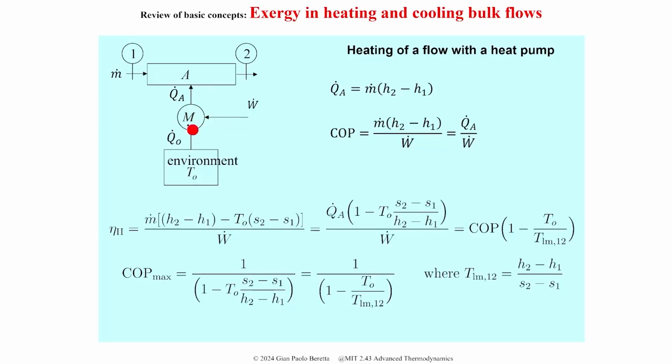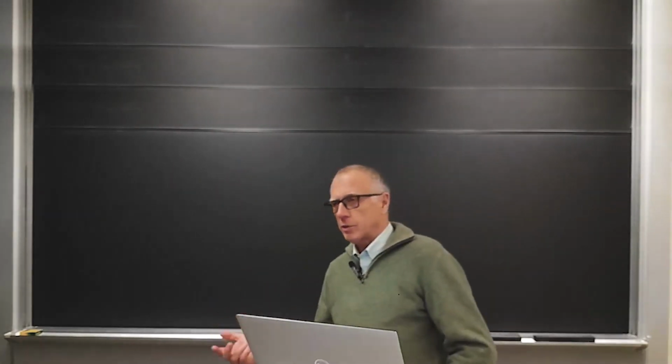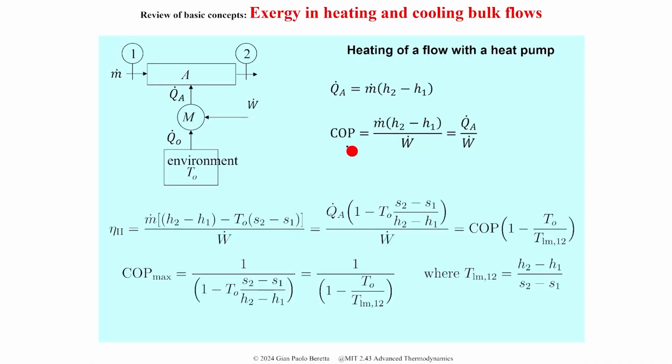The machine needs some work to operate, and the ratio between the heat and the work that are provided is called the COP. So the COP plays the role of the first law efficiency, but it can be higher than 1, so we call it COP, we don't call it efficiency. It's a ratio of 2 energies.